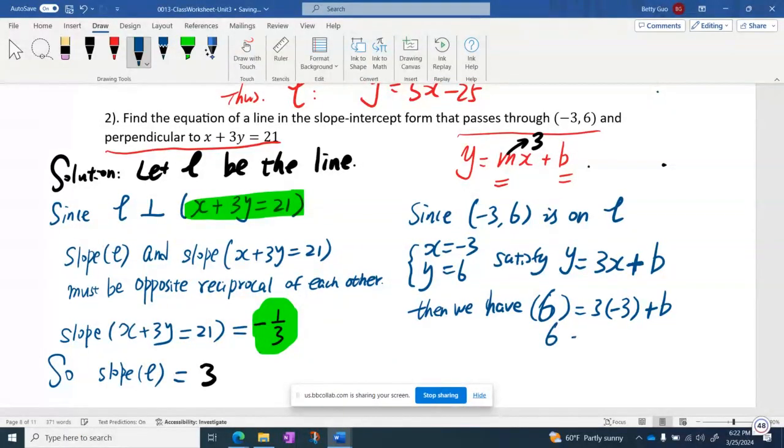So I have 6 equals 3 times 93, which is 99, plus b. And solve for b. Help me to solve the equation for b. What's the value of b? Which value minus 9 gives us 6? Or we can move the -9 over, right? What's the value of b? 15. Let's see.